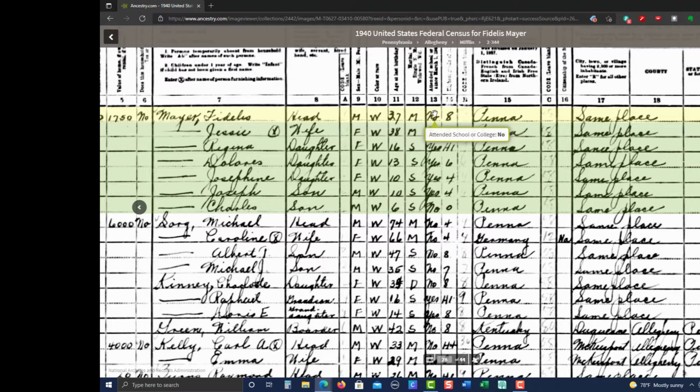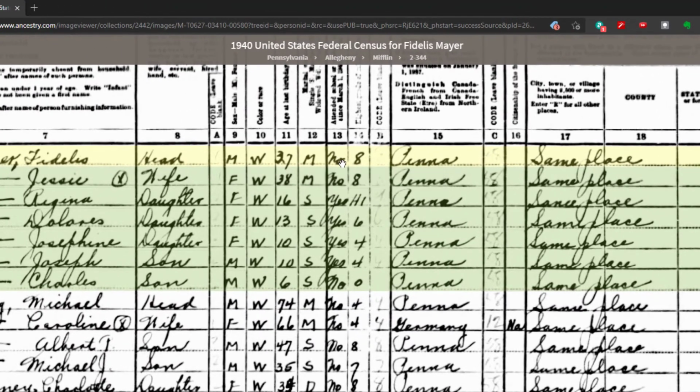In the information above, it wants to know if this person has attended school or college at any time since March 1st, 1940. In this case, the mother and father of the family, no, and most of the children, yes, but not the youngest child, who's 6 years old.